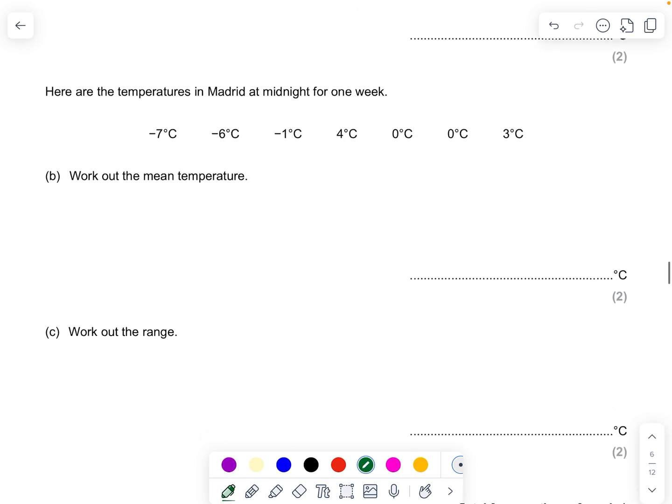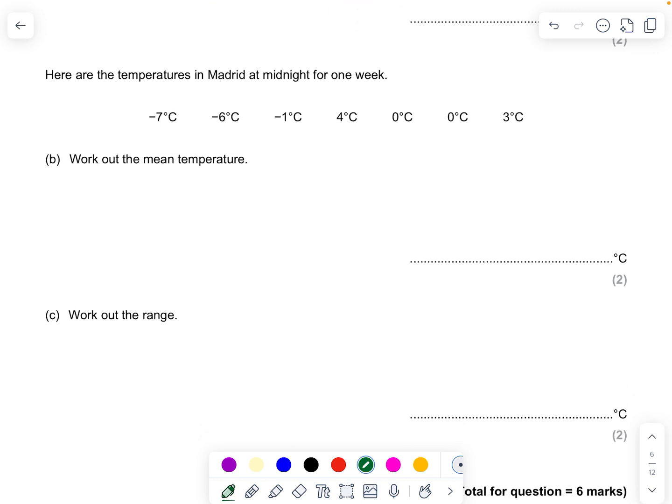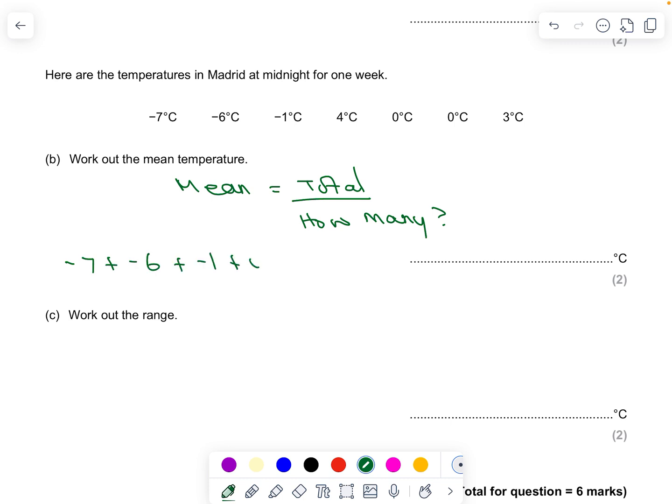Right, here are the temperatures in Madrid at midnight, and we need to work out the mean temperature. Remember, the mean is always the total divided by how many numbers there are. Okay, so if we add up -7 plus -6 plus -1 plus 4 plus 0 plus 0 plus 3.